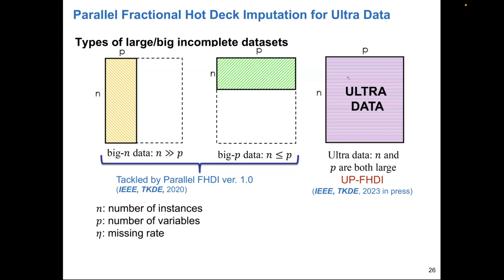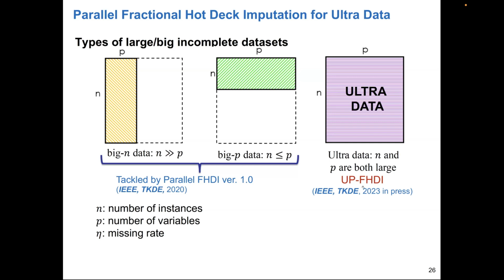Combined, we call that ultra data, so big N and also big P. It's a very challenging data set. The initial version can tackle big N data or big P data separately, and it was published in IEEE TKDE 2020. Now, with version 2, we can tackle ultra data.